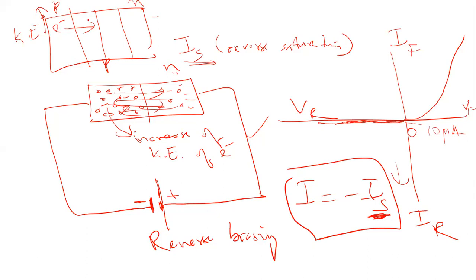When electrons collide with atoms in the depletion region, electrons will transfer some of their kinetic energy to those atoms through inelastic collision.